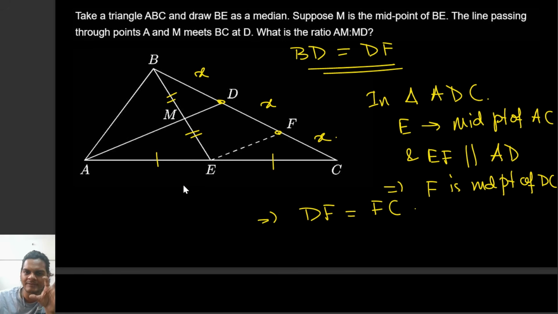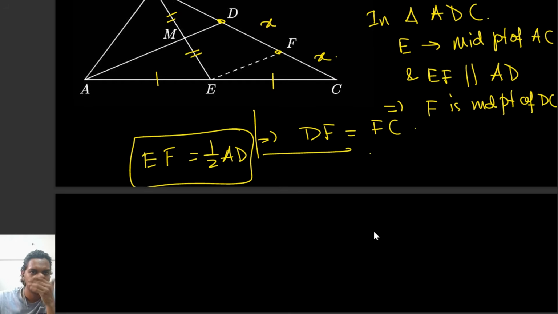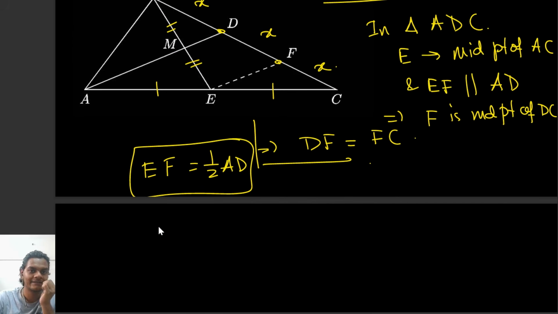The midpoint theorem tells us something else also. It tells us that EF is equal to half of AD, right? And it also tells us from the above that MD is equal to half of EF. So what do we have here?